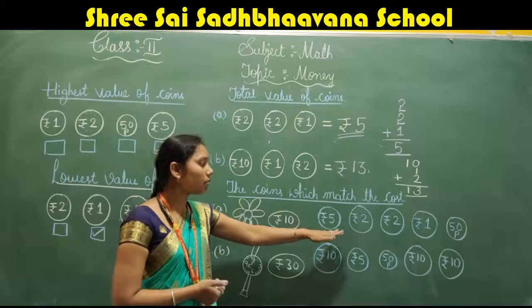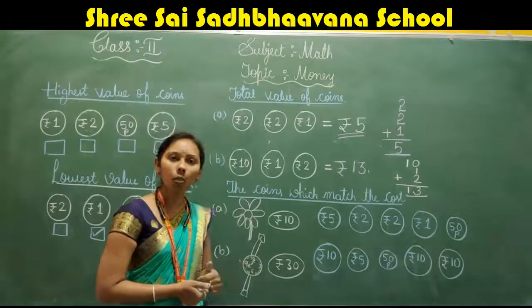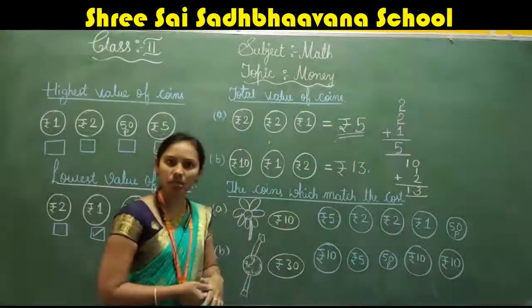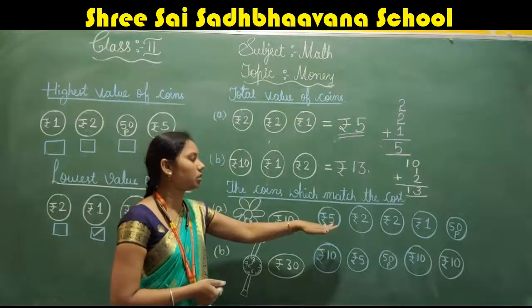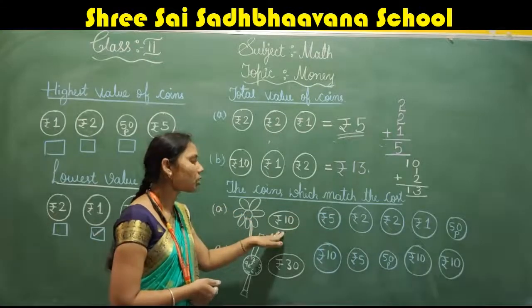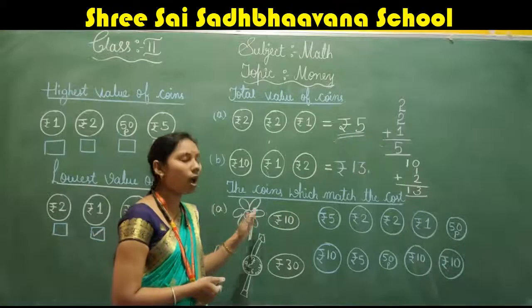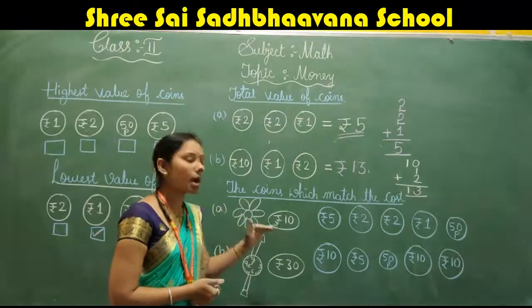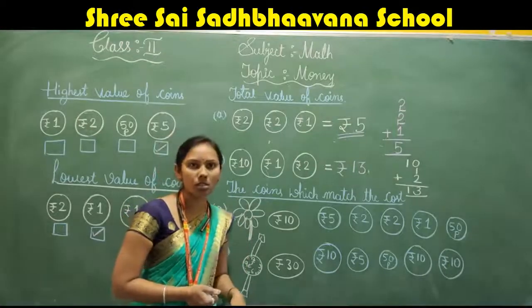Let us see what coins you are going to pay the shopkeeper to purchase the toys. The coins you give the shopkeeper should match the cost of the toy that you have purchased.